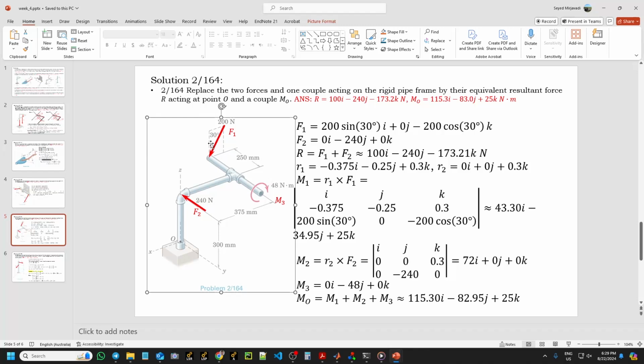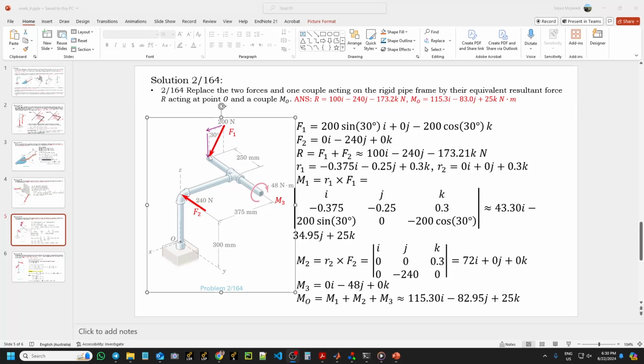F1 cosine 30 will be in these directions. Here I show the components of F1, with the angle of 30 degrees.